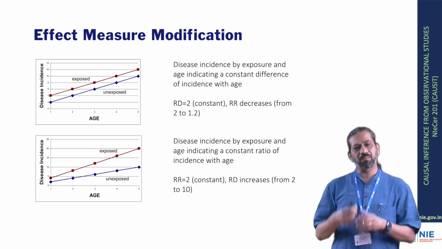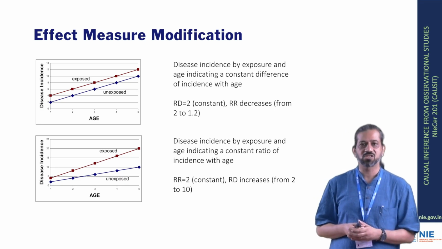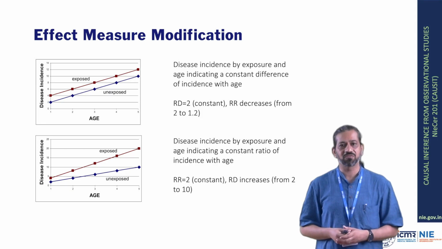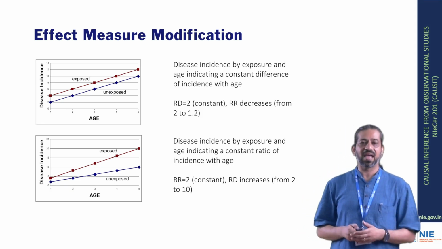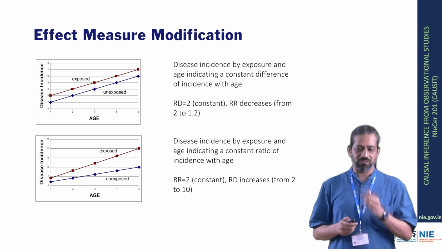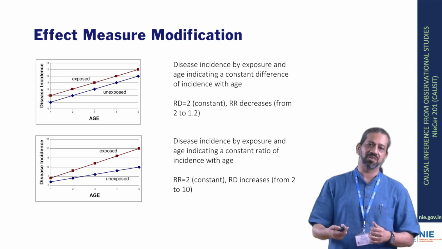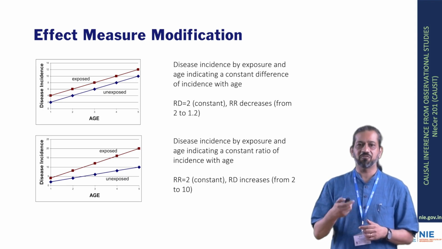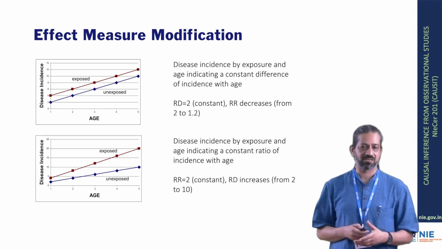And hence, it is important to specify which measure of association gets modified because of the presence of this particular modifier. And hence, instead of using the word effect modifier, it is more suitable to say effect measure modifier, or effect modifier of risk difference, or effect modifier of risk ratio.